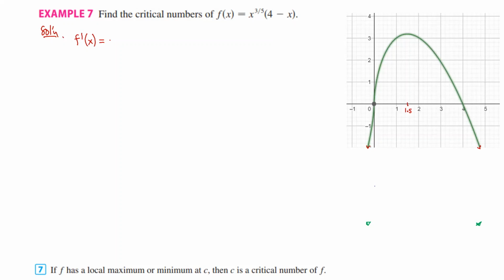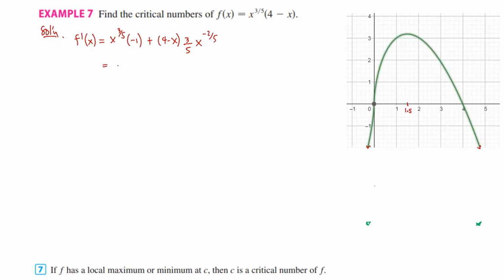I think I will do it the hard way, and that means we're going to use the product rule. So according to the product rule, you have the first times the derivative of the second. Now the derivative of the second is -1, right? Then plus the second times the derivative of the first. Now the derivative of the first is 3/5 x raised to -2/5, okay?